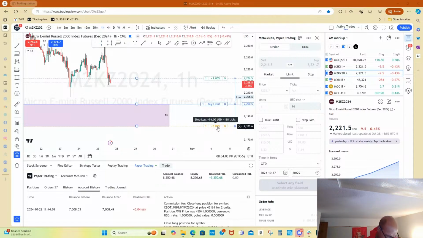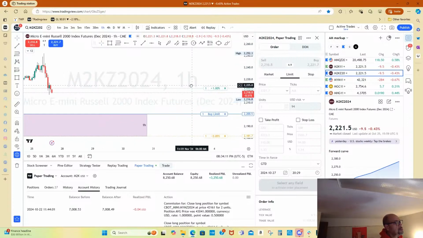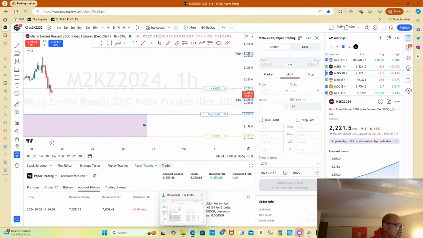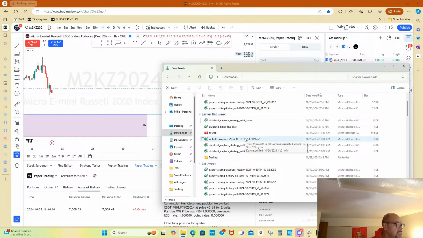They don't do margin in there. All right, I'm getting ahead of myself. I can figure on that tomorrow. Because what I really need to do is figure out this whole thing. Let's look at this. This is the paper trading account history.